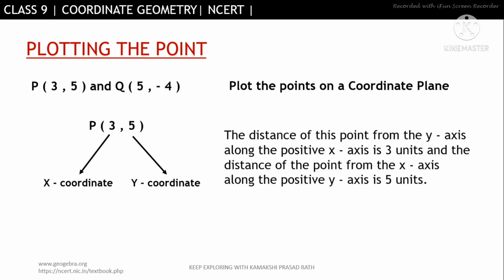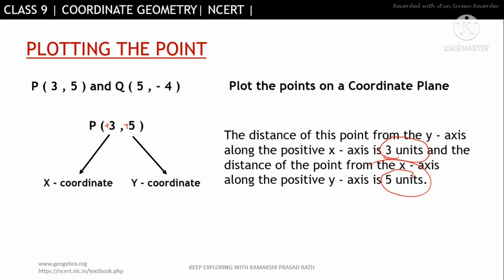The distance of this point from the y-axis along the positive x-axis is 3 units, as you can see here; these two are positive. So the distance of this point from the y-axis is 3 units, and the distance of this point from the x-axis along the positive y-axis is 5 units.